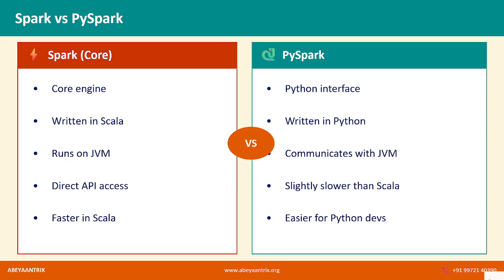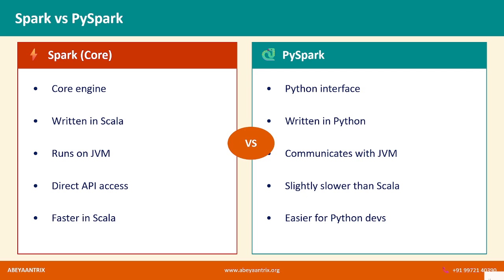Spark runs on the JVM. PySpark communicates with the JVM. Since Spark is in the JVM, Python should communicate with the JVM in order to access Spark. Spark will have direct API access. PySpark is lighter, but slower than Scala.